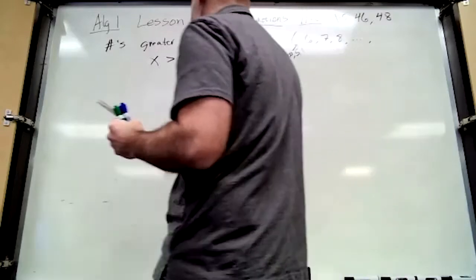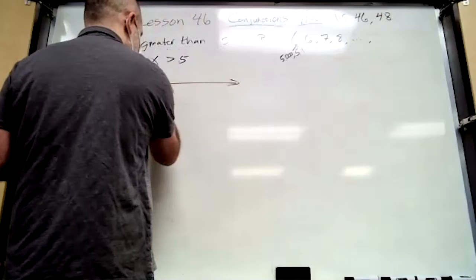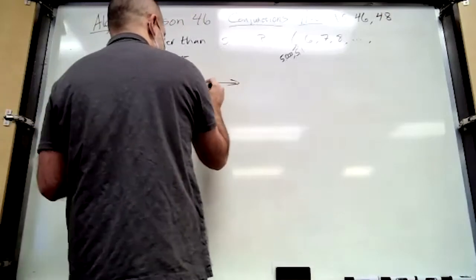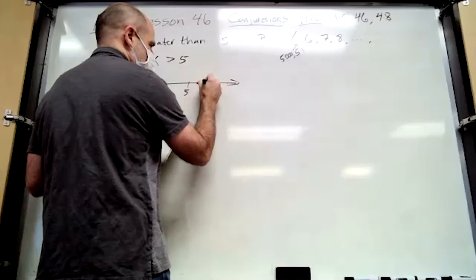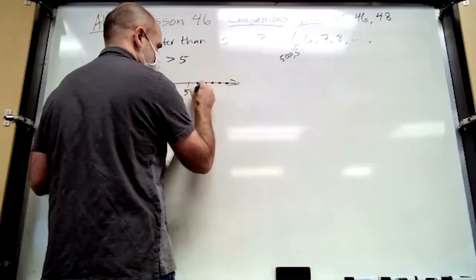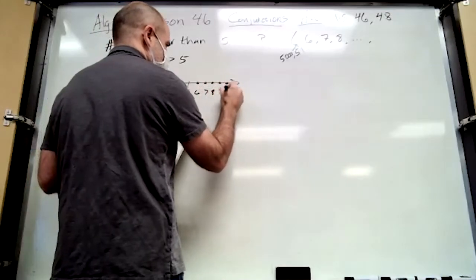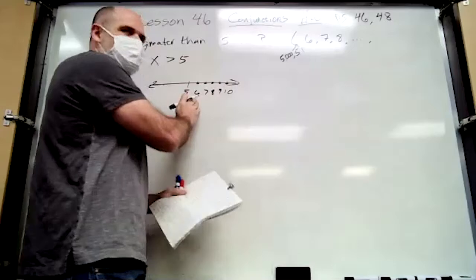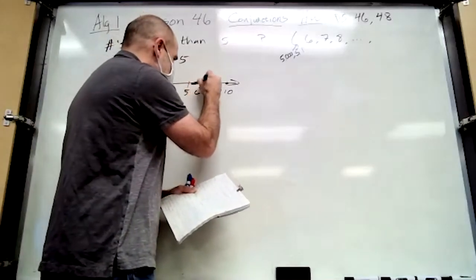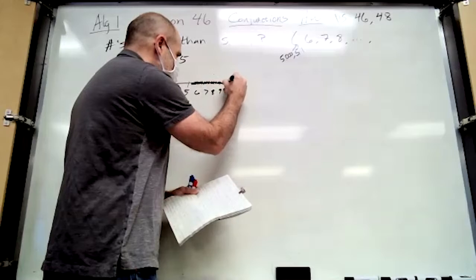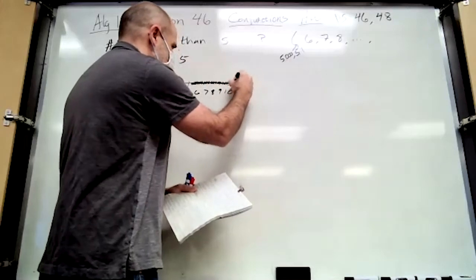All those guys are in there. So when you graph it, you can't just say 6, 7, 8, 9, 10. You can't just put dots there. It's also all the numbers in between 5 and 6. So what you have to do is shade everything, everything in between all those integers too.